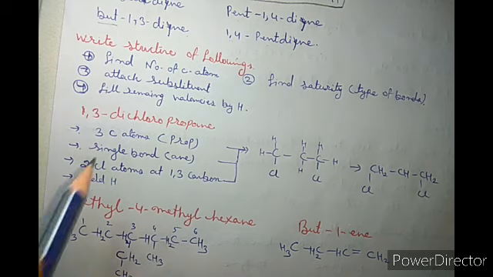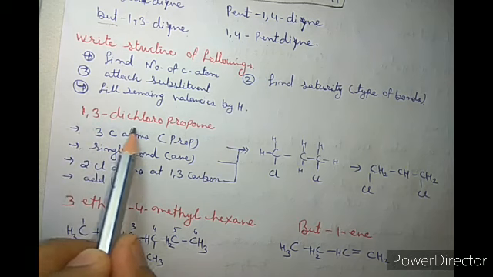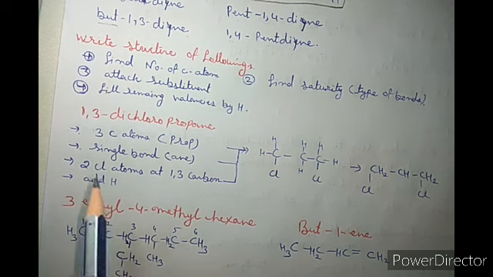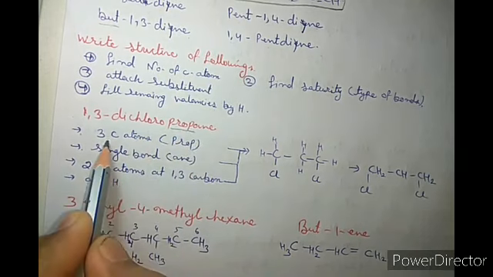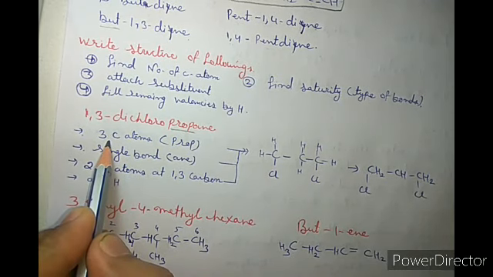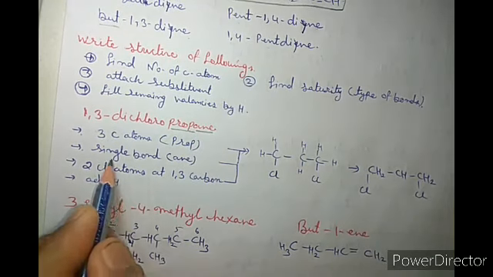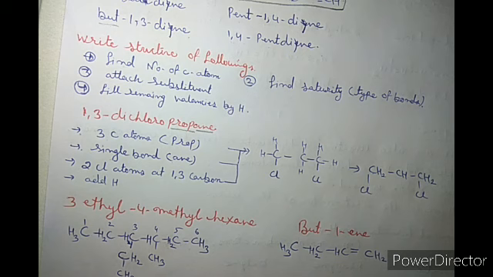Got it? Now, suppose there is an example in which the name is 1,3-dichloropropane. Firstly, find the number of carbon atoms. Prop, that means 3 carbon. Got it? Now bonding. Ane, that means single bond, that means all the bonds between the carbon atoms are single.